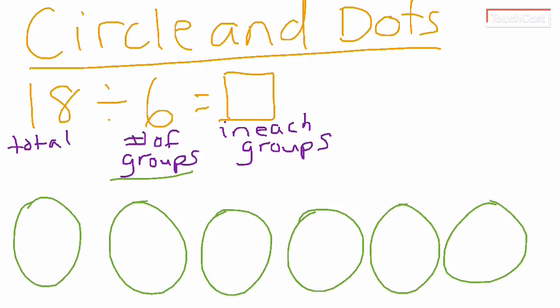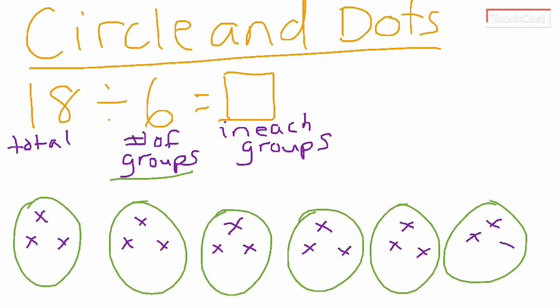So what you're going to do is take the total and divide it into your groups. So you go 1, 2, 3, 4, 5, 6, 7, 8, 9, 10, 11, 12, 13, 14, 15, 16, 17, 18.